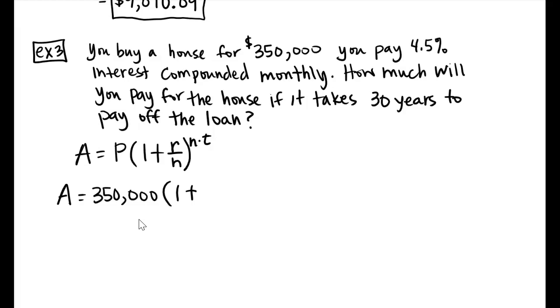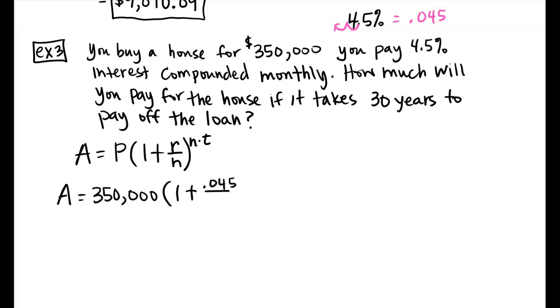I want to make sure that you're really careful with this. Remember, 4.5%, you're always moving that decimal back 2 places. So this is going to be 0.045, so be careful with that.